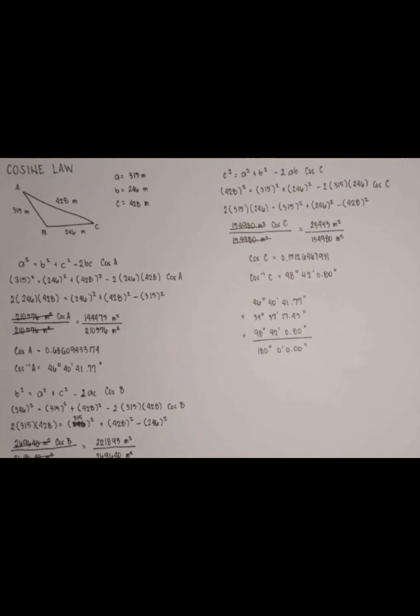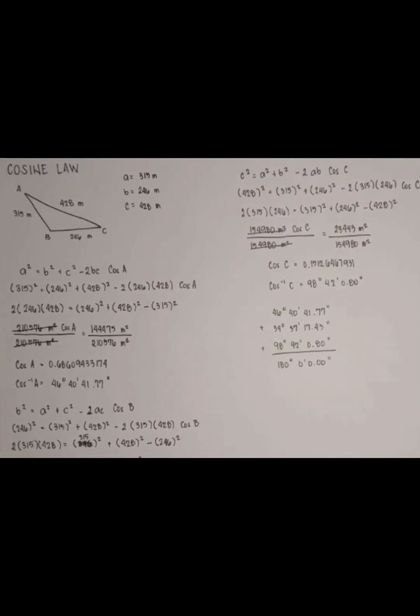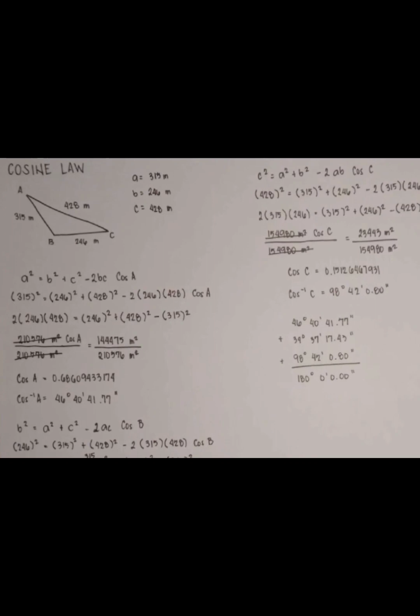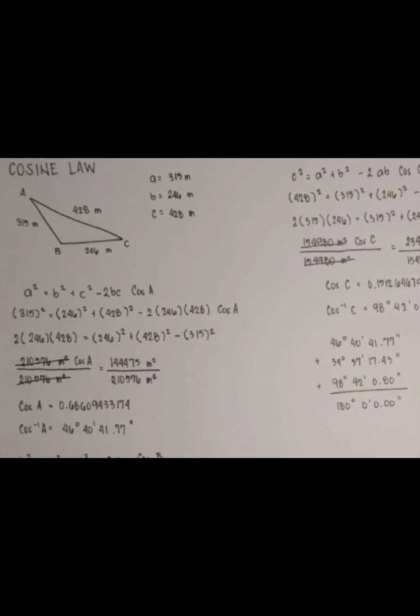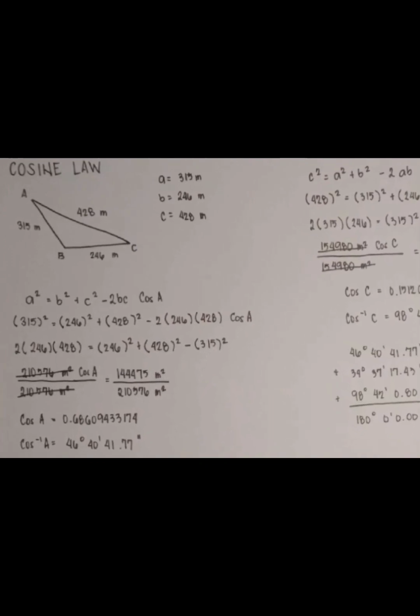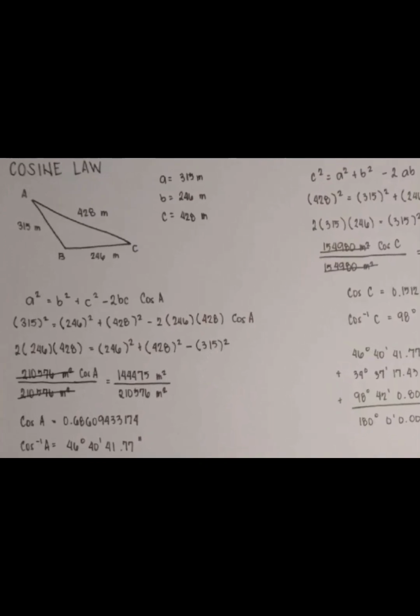Cosine law. So, another way of getting the area of a triangle is by using the cosine law. So, we have an example here and we will get the angle A. The formula for getting A using the cosine law is a squared is equal to b squared plus c squared minus 2bc cosine A. So, we will just substitute the values.